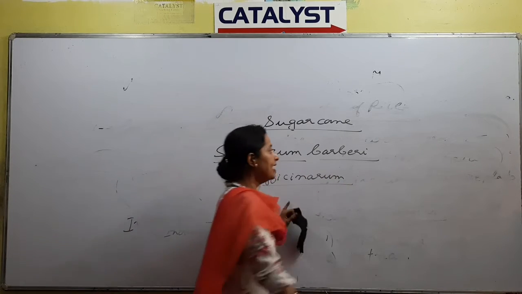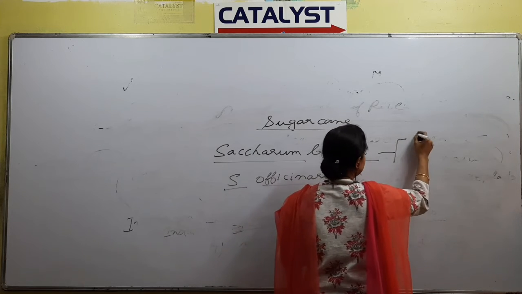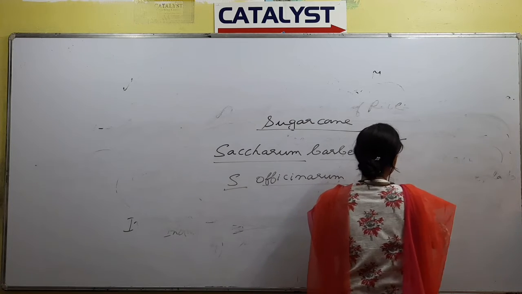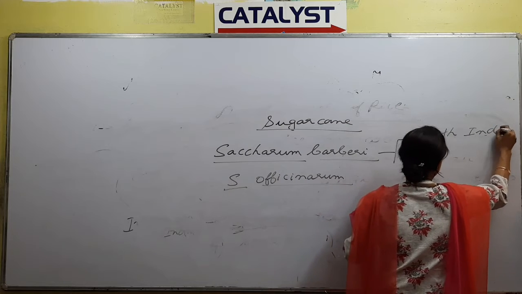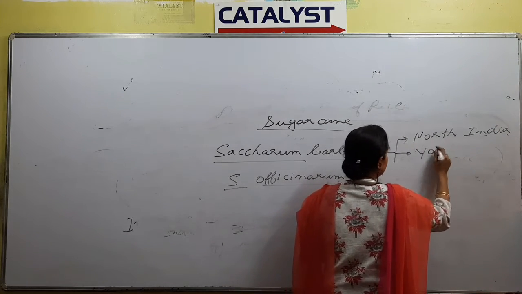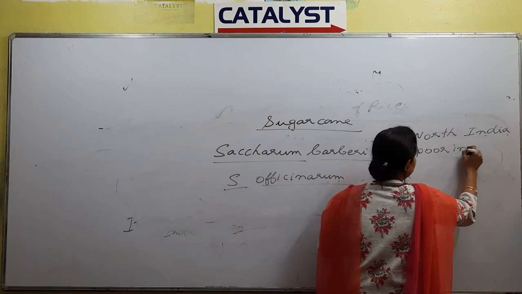What are the points that you need to remember about this sugarcane? This one was found in North India, or grew in North India, right? This variety of sugarcane was poor in yield.